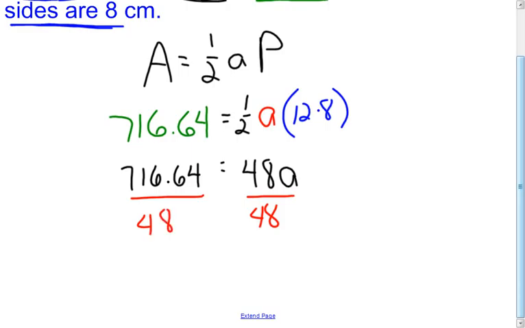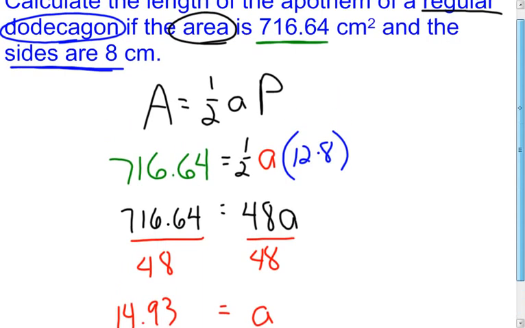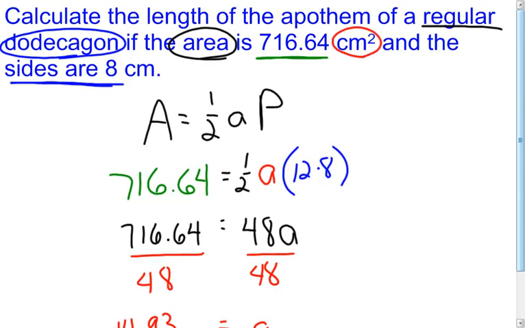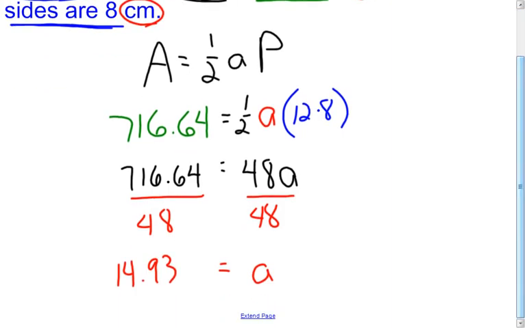We find out that a is equal to 14.93. Then we have to make sure that we get the right label. Notice that my area was centimeters squared, and the length of the sides was centimeters. Therefore, the length of the apothem is going to be 14.93 centimeters. And we're done with that one.